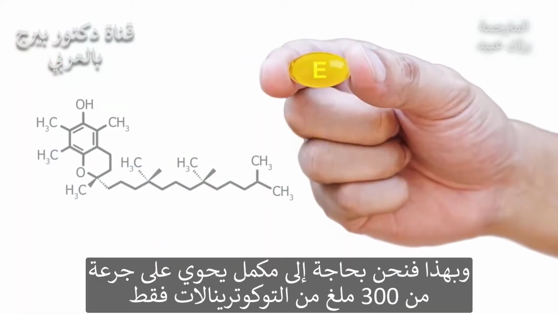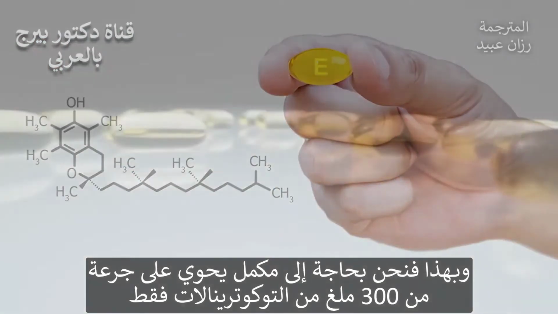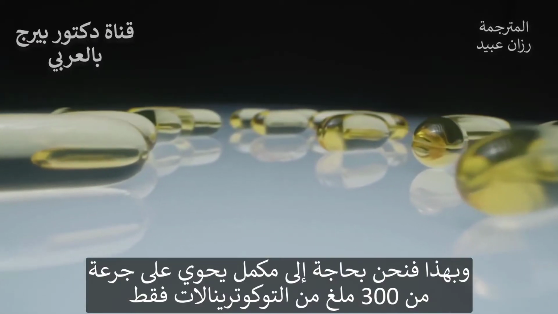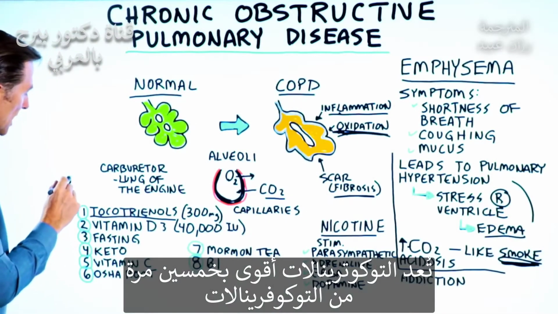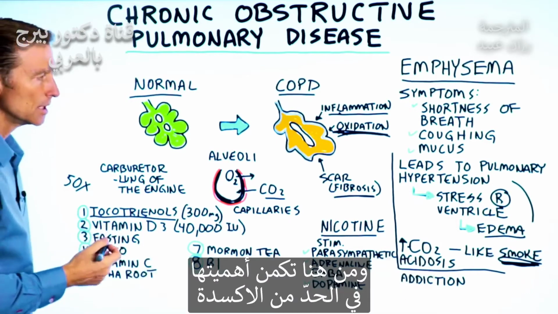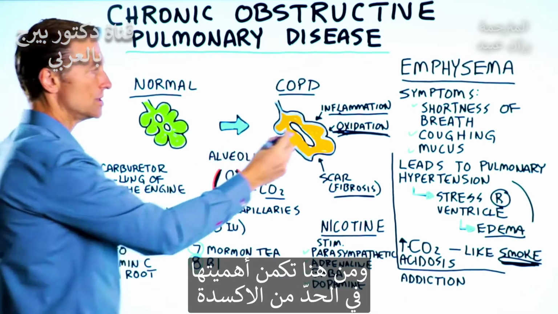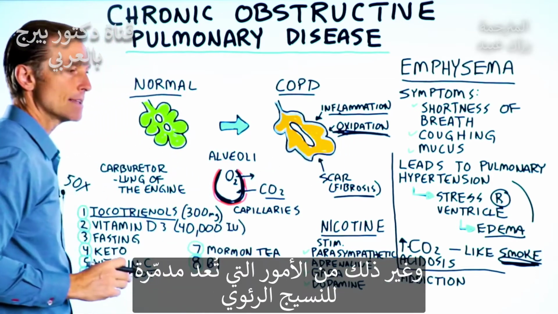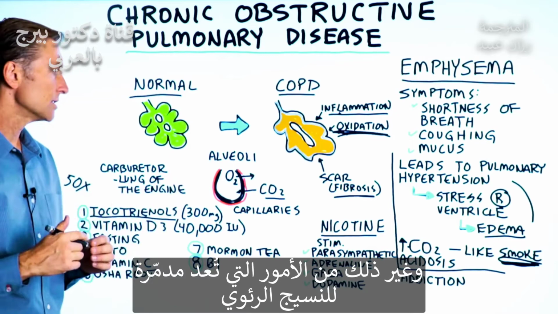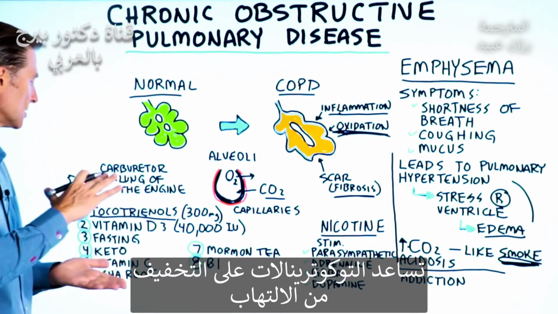So you want to get a supplement that has a dosage of about 300 milligrams, okay, of tocotrienols only. Tocotrienols are 50 times stronger than the tocopherols. So it's going to really help you reduce this oxidation and other things that are very destructive in the lung tissue. So your inflammation is going to come way down.